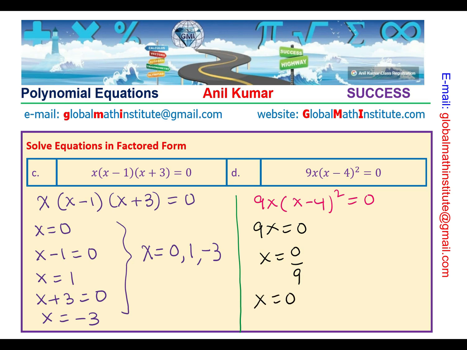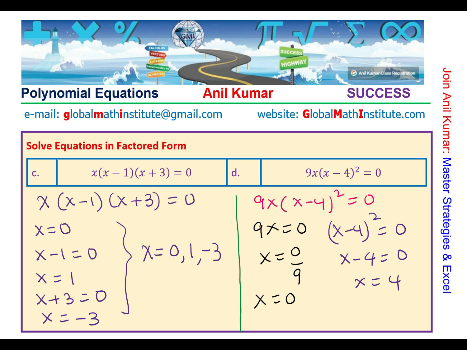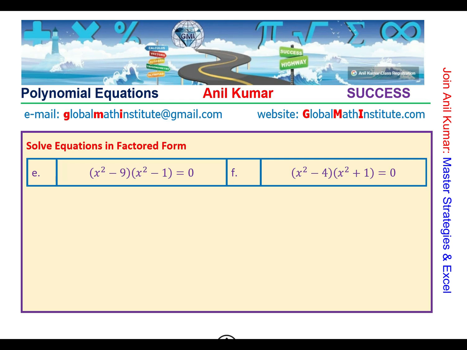And then the other solution will be x minus 4 whole square equals to 0, means x minus 4 equals to 0, or x equals to 4. So that gives you a solution which is x is equal to 0 or 4. So there are two solutions for this equation also. Makes sense, right?